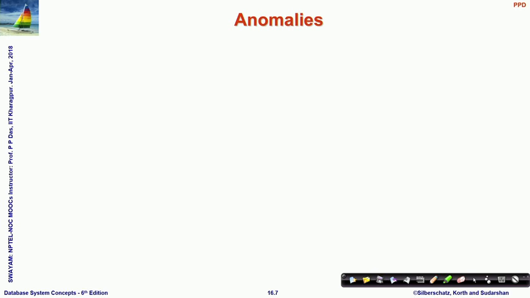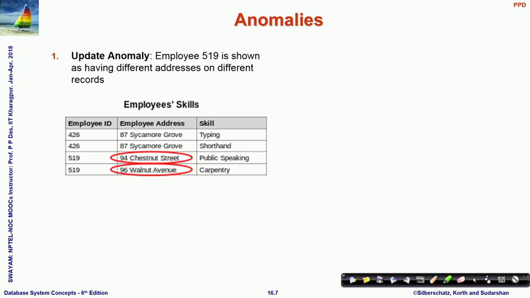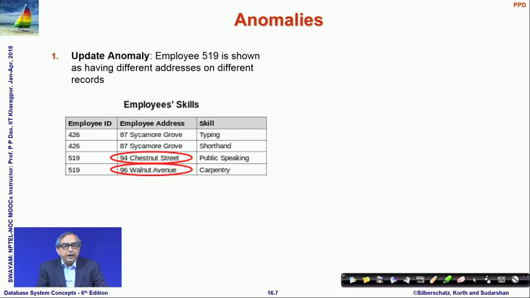We will quickly take a look at the anomalies we are talking about. The first one is called an update anomaly. We are showing you a snapshot of an instance of a database which has three attributes. Look at the last two rows for employee code 519, where there are two different addresses in these two rows.